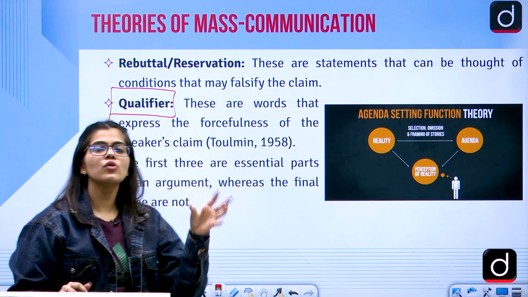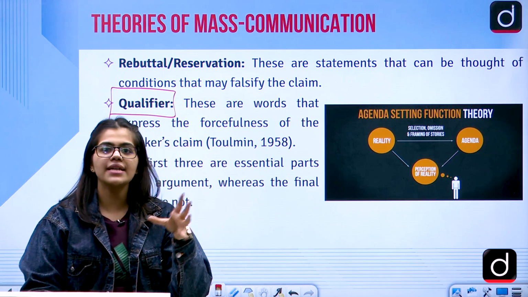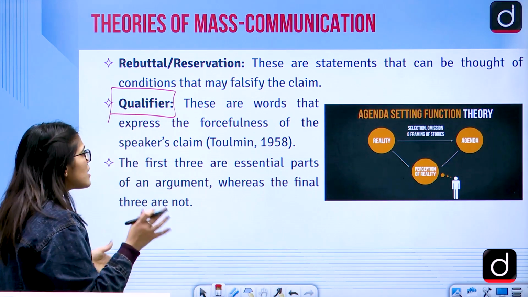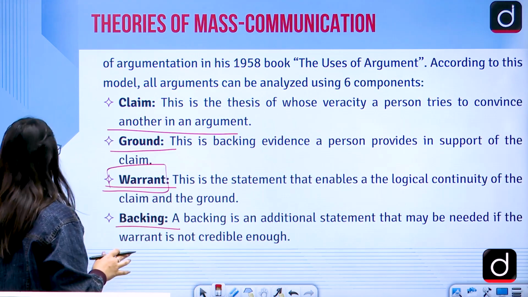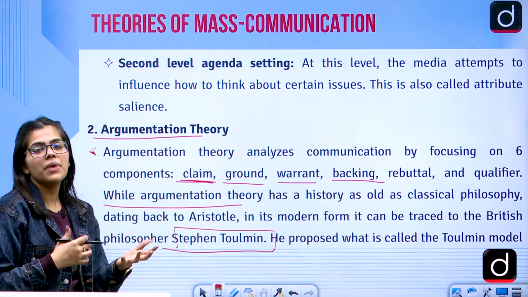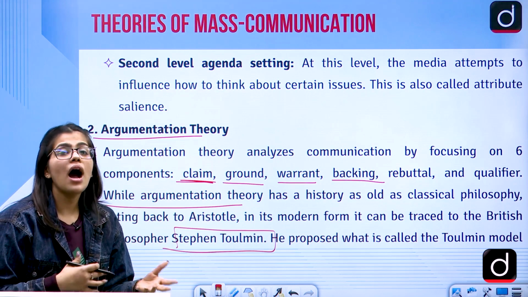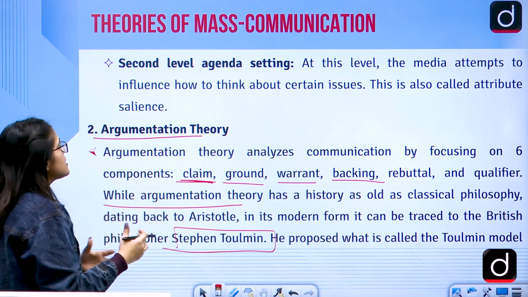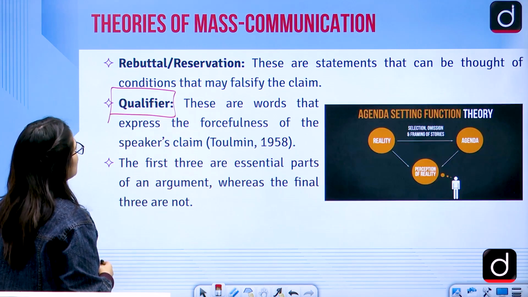You should have all those facts and data to say that whatever the media is saying is wrong. So these are the few things, and this is how your argumentation theory is made. So how do you challenge the media? How can media challenge you? Whenever these things are talked about, this becomes an argumentation theory.